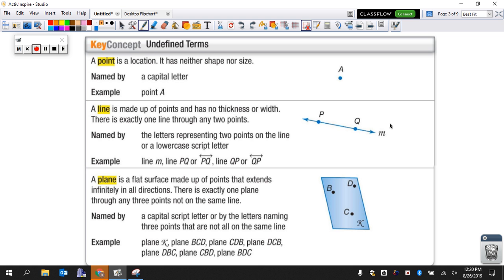Otherwise, they would be forming a line rather than a plane. And a line has no thickness or width. But if you have 3 points that are not in a straight line, there's exactly one plane that goes through those 3 points.